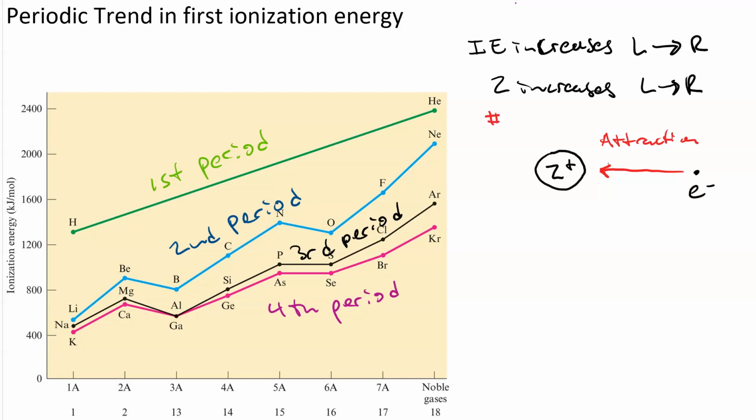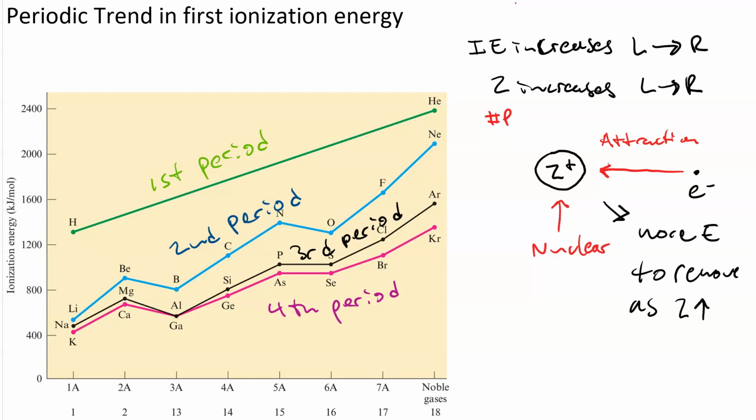Since Z, the number of protons, increases as you move to the right, the charge on the nucleus is increasing as well, so there's a greater attraction of the nucleus for the valence electron. Hence, more energy is needed to remove that electron as Z increases.